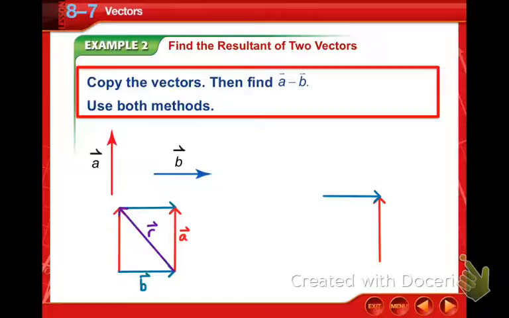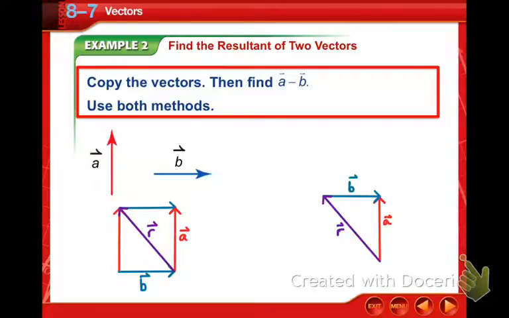And then you're going to again start from the bottom of the first vector and go to the bottom of the last vector. So there's our resultant again. Looks pretty much identical to what we had before using the parallelogram method, which is good because it should be identical. It's the same 2 vectors we subtracted here.